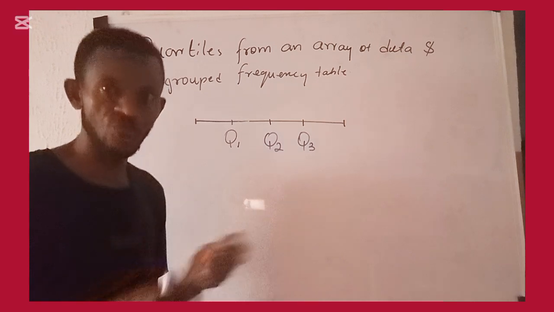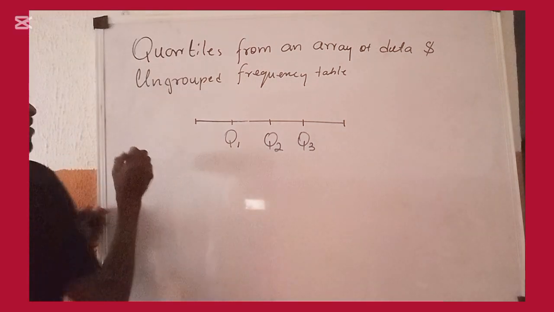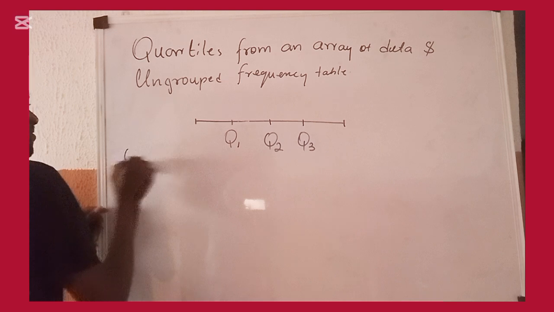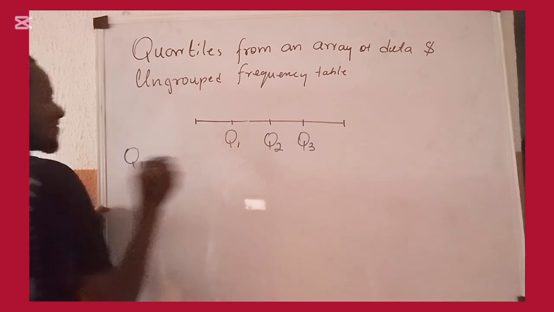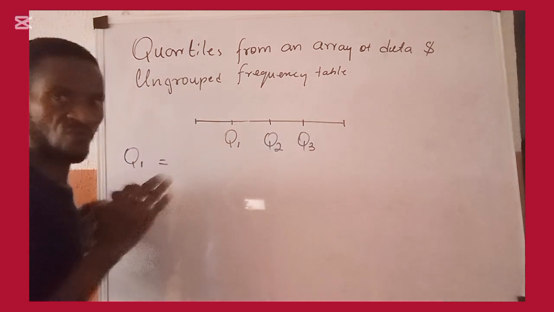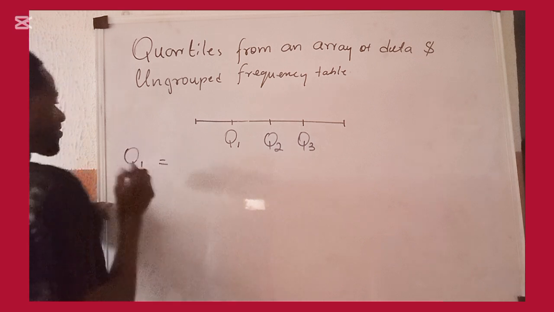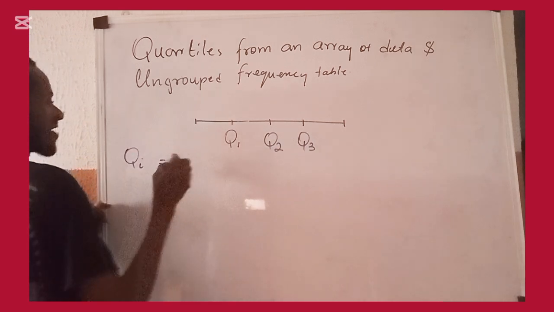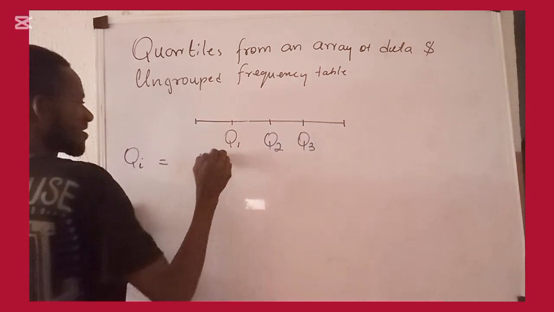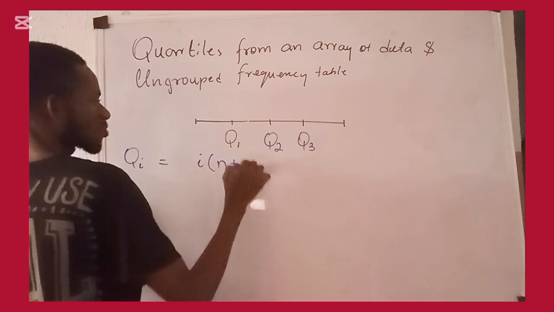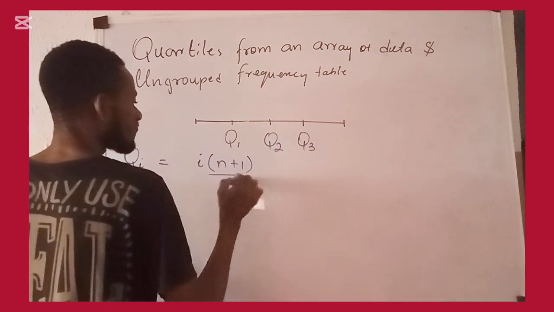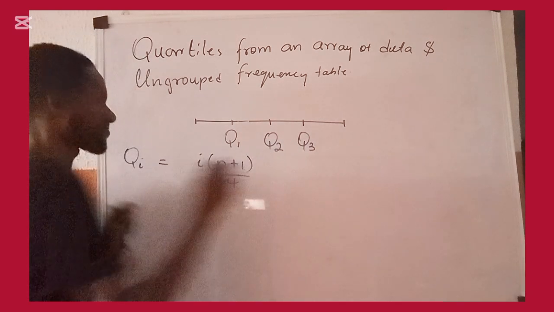I will show you. The formula is that Qi is given as i into n plus 1 all over 4.